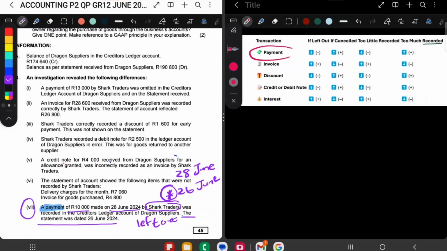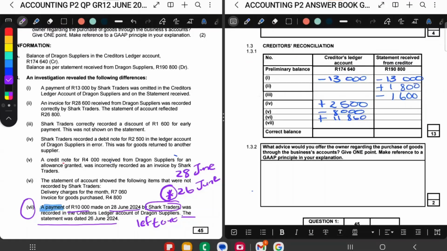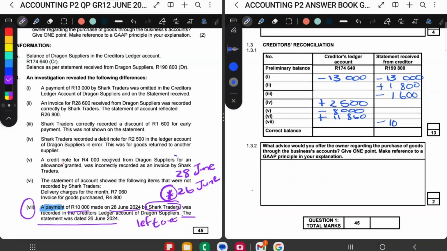So here we see when a payment is left out, we minus the amount. So they made the mistake. So because they made the mistake, we're going to write this in the statement. So here we're going to write a negative 10,000 because when a payment is left out, we minus the amount. So, okay, let's total this.